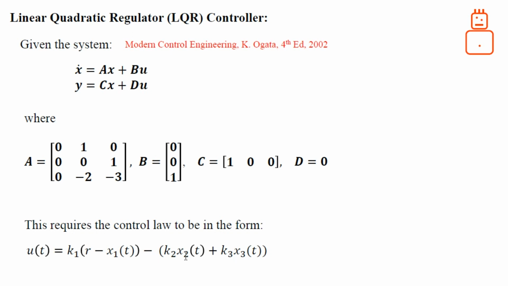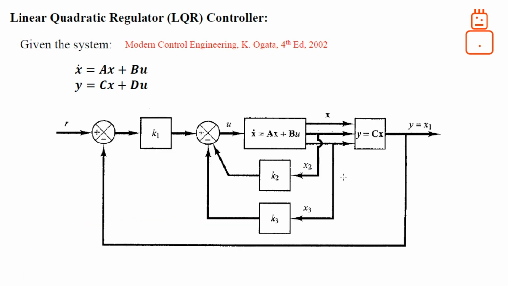However, the last 2 states are regulated as in the design of the LQR controller. This control action can be written in this format as you can see here, or we can write it as a block diagram as you can see here.